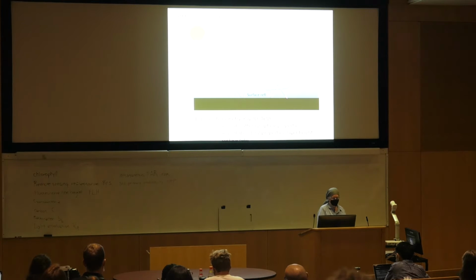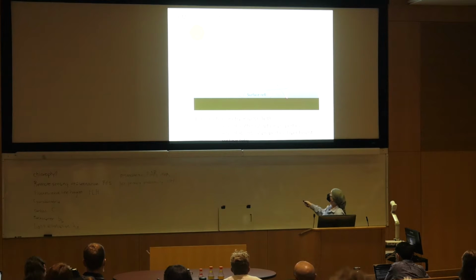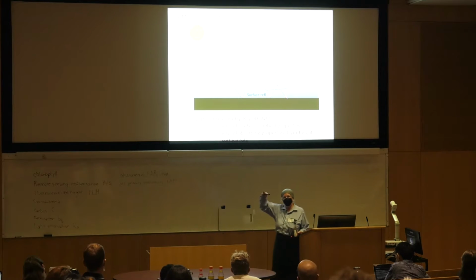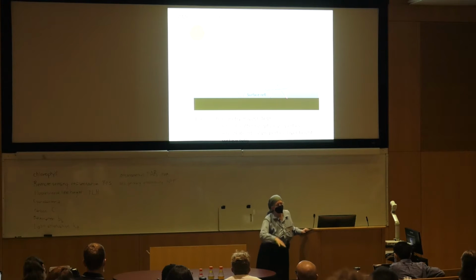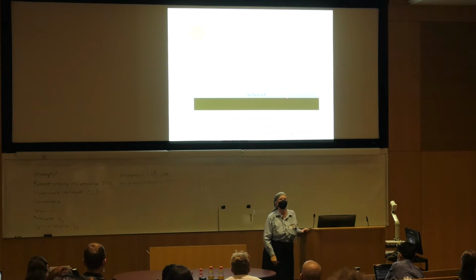But if you start working in the UV, like with OMI, now the land surface is darker, but you're much more sensitive to the pressure, and there's a lot more pressure and gas molecules closer down.